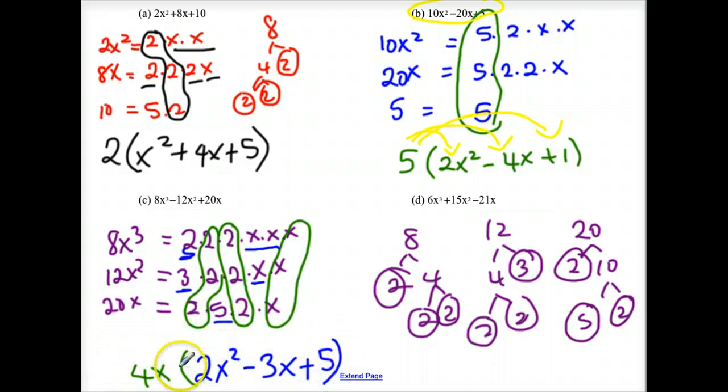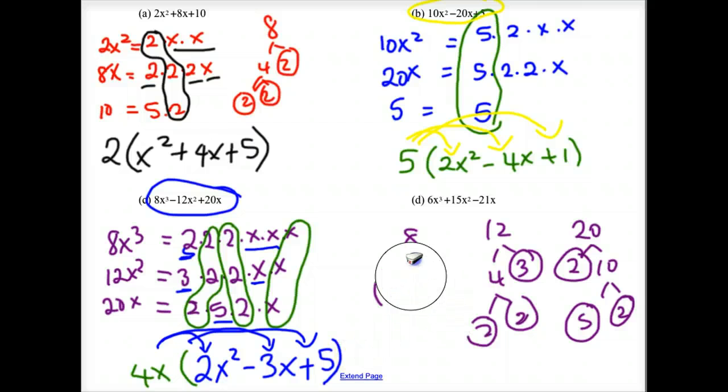So this is my answer. If I take this and multiply, 4 times 2 is 8x to the third, 12x squared, 20. Remember, if you distribute these over to every single term, are you getting this? Okay? The last example, but before that, let me take these that I did off.